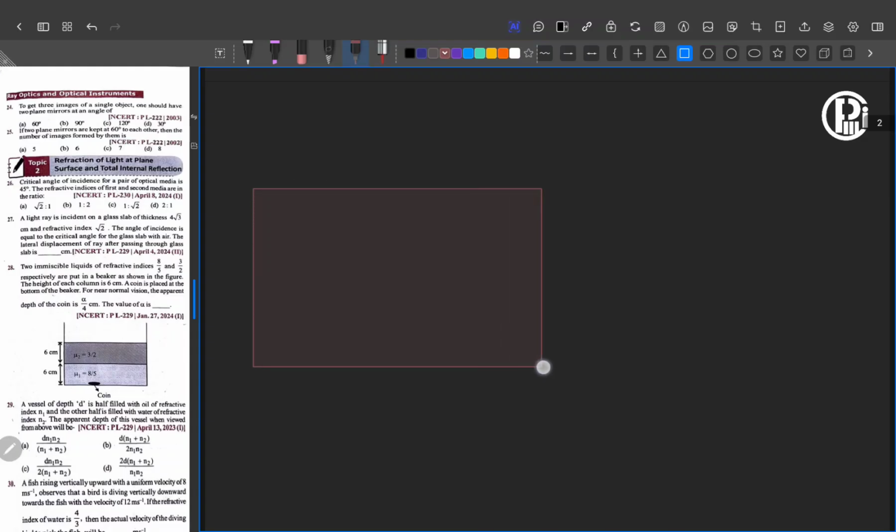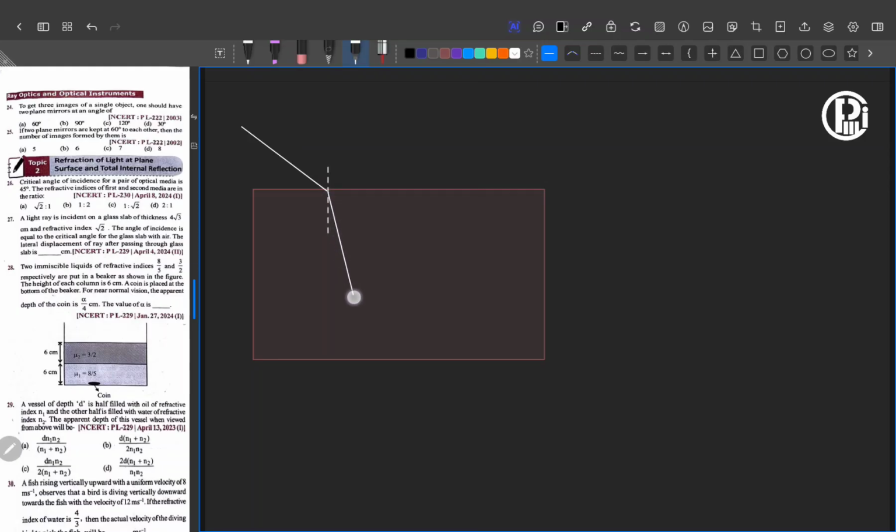Let's say there is a glass slab. So the normal line, and the ray is incident here on the glass slab, and that will refract close to the normal line, right?